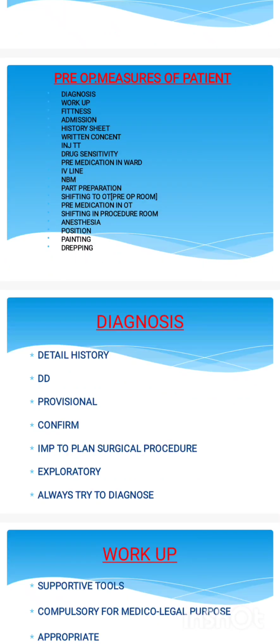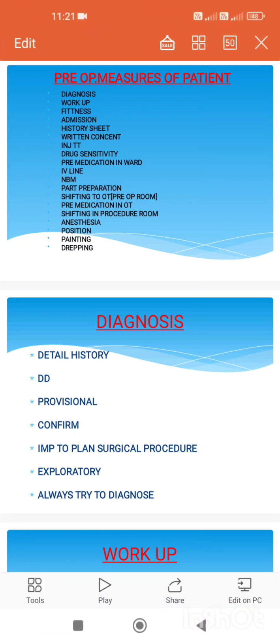The first and foremost part of pre-operative procedure is diagnosis. The actual operation totally depends on diagnosis. You can plan the surgical procedure as per diagnosis. For diagnosis purpose, detailed history must be taken. Differential conditions should be kept in mind.